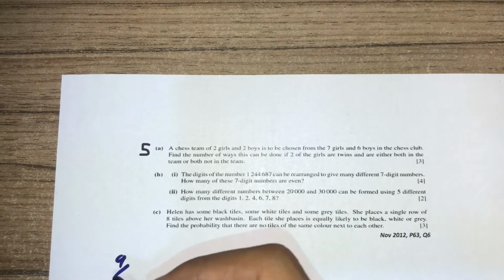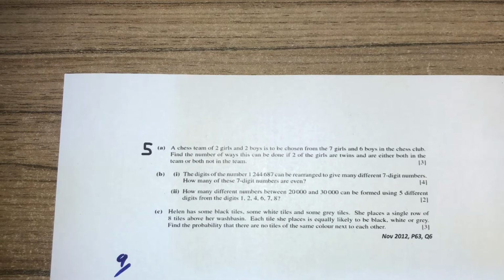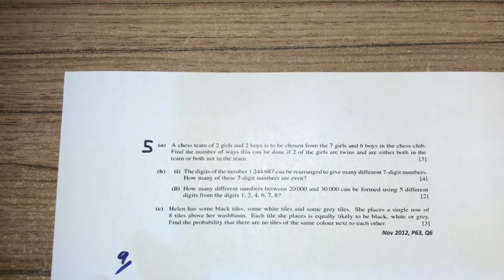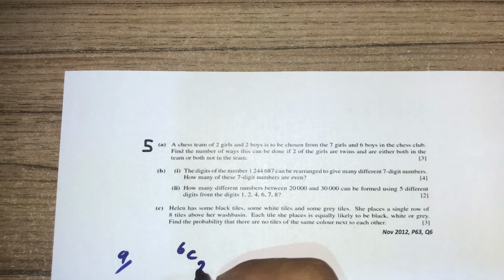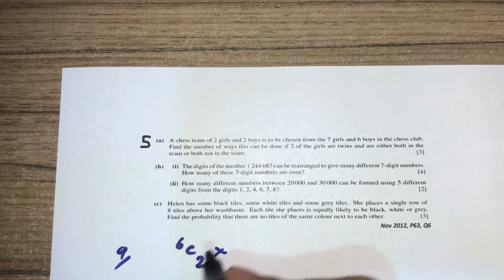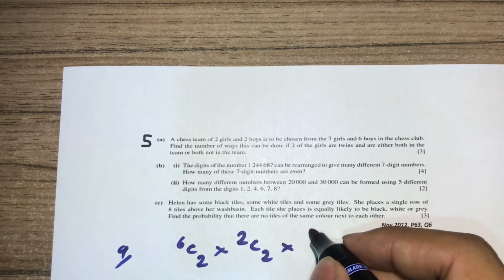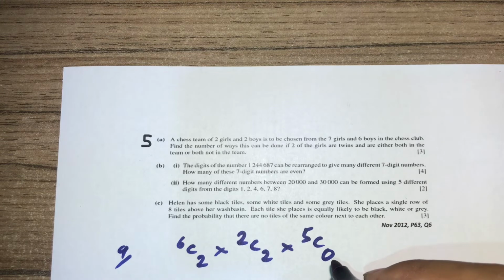Part A. First, let's take the scenario where both the twins are in the team. So for the boys, out of 6, 2 will be selected. Now for the girls, if both the twins are in the team, out of the 2 twins, both are selected. From the remaining 5 girls, 0 get selected.